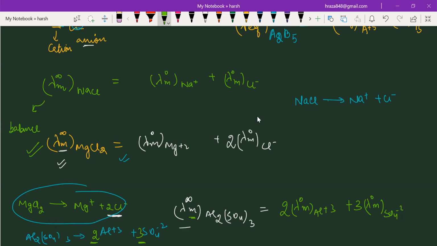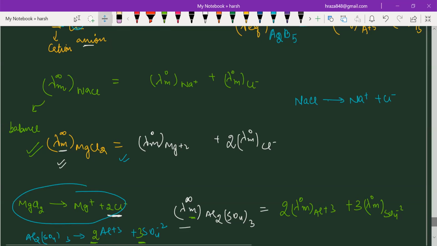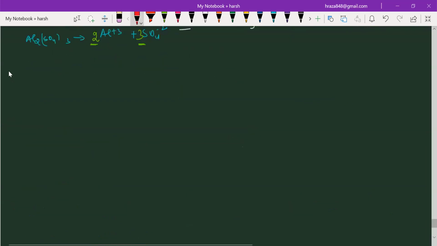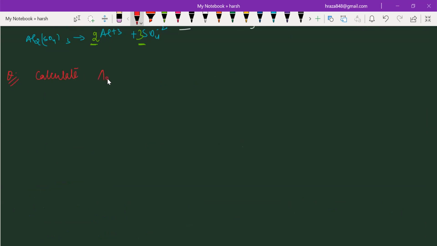Now, are you clear with this lambda m and lambda eq? Yes, sir. I'm going to give you a question: calculate lambda naught m for CaCl2 and MgSO4 from the data given below.